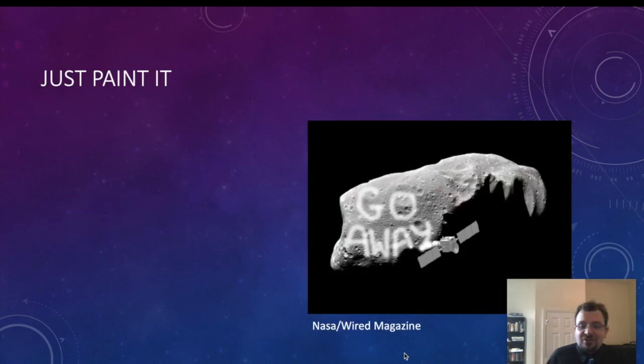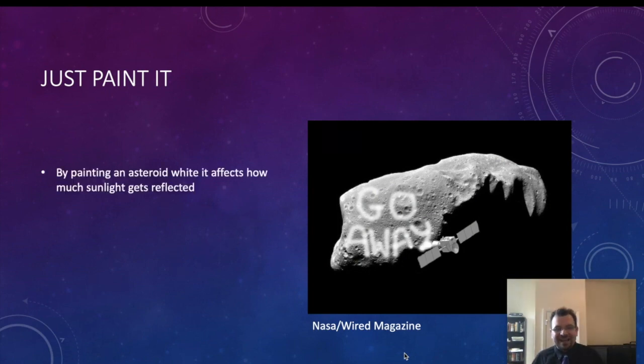Let's see. The other thing is we could just paint it. Painting an asteroid affects how much of the light gets reflected. And this is just a neat thing: how the asteroid interacts with the sun's light is one of those things that causes large error bars on our knowledge of where it is going to be.